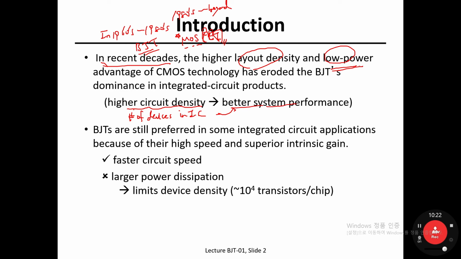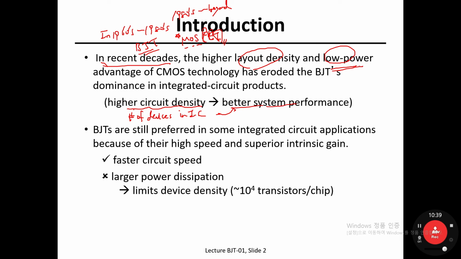So for some applications, maybe analog circuits, BJTs are still the preferred devices in an IC chip.